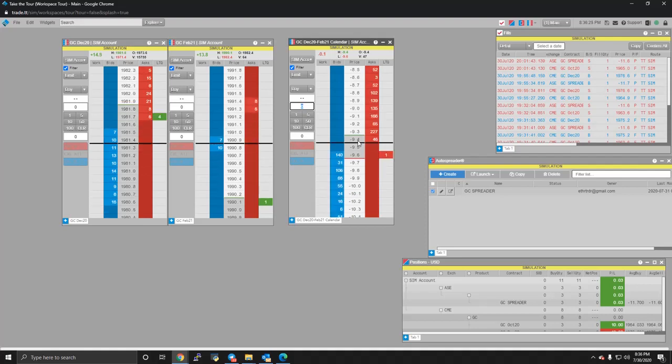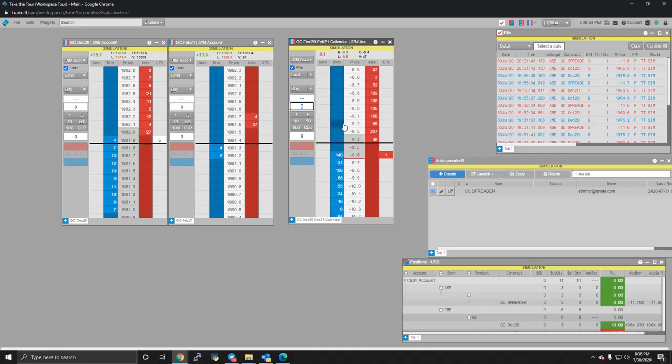point to transition into tightening and widening calendar spreads. So if we look at our gold December 20, February 2021 calendar spread, we see we're at a mid-market price of minus 9.5. If this spread were to tighten, it would begin moving towards zero. So buyers would come into the spread.